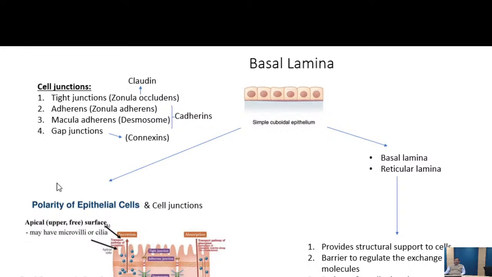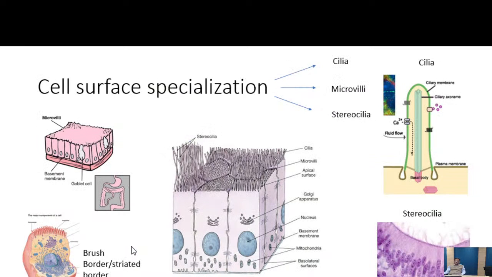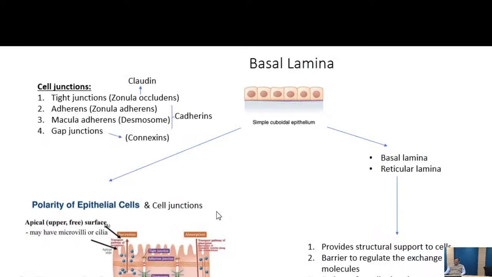Now, I have already told you about the polarity of these cells. I've introduced the topic. If you look at these cells, you will see that on the surface of the cells there are some foldings. These foldings are surface modifications. You will not see these foldings at the bottom of the cell. You see the nucleus of the cell towards the bottom. You will not see the nucleus towards the surface.